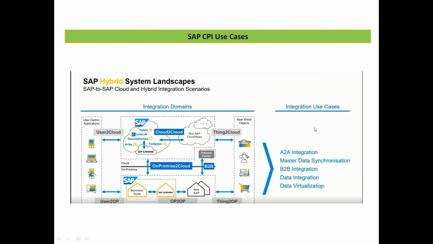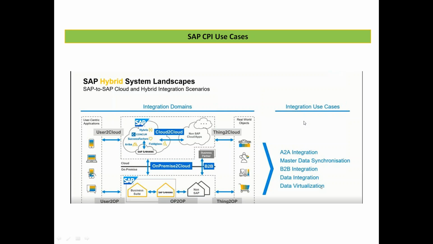SAP CPI use cases. Why we use SAP in real time? Mainly for application to application integrations, business to business integrations, data integrations, master data synchronizations, data virtualization. These are the main scenarios where we will go for the SAP CPI.